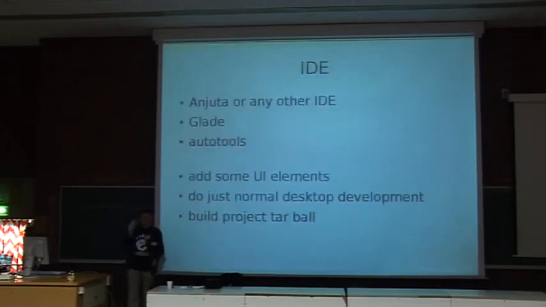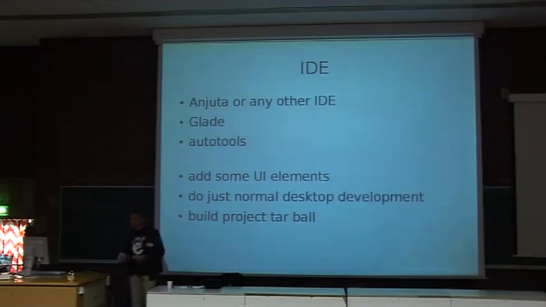What have I been using here for the software? I've been using Anjuta as my IDE, and Glade, because it makes it so easy, and the autotools. Whatever kind of IDE you want to use, Anjuta simply produces the source code for you.